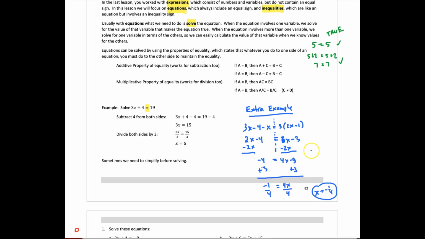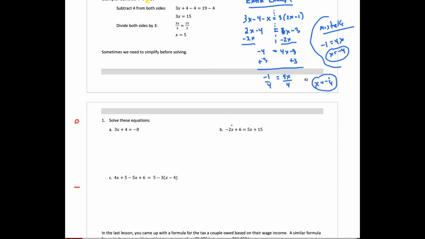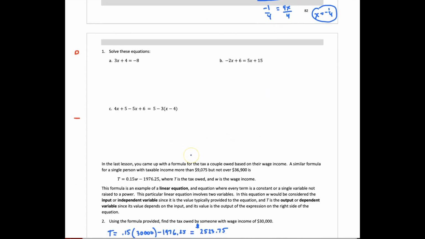Once we got to negative 1 equals 4x, the mistake is to say x equals negative 4, because you divide the wrong way. But 4 times what equals negative 1? It has to be a fraction, so make sure you do not do that. Okay, and so for your discussion post, you're going to do these.